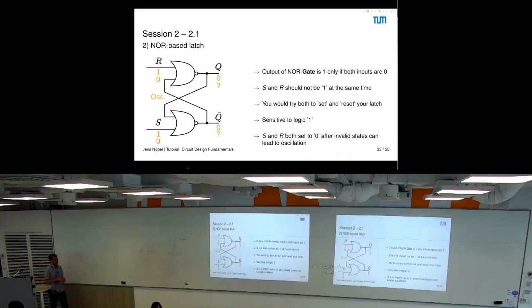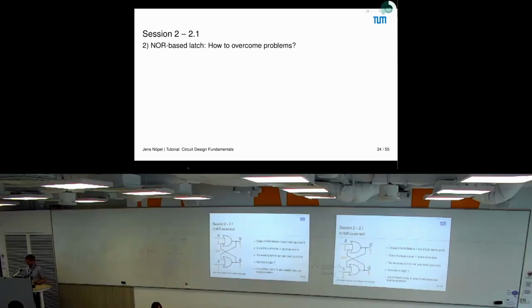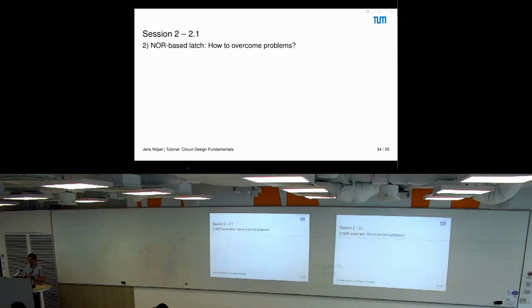What is also important to know, especially for NOR-based latches, is that they are sensitive to logic value 1. So now if we answer the second part of the question, how can we overcome those problems? Any ideas?